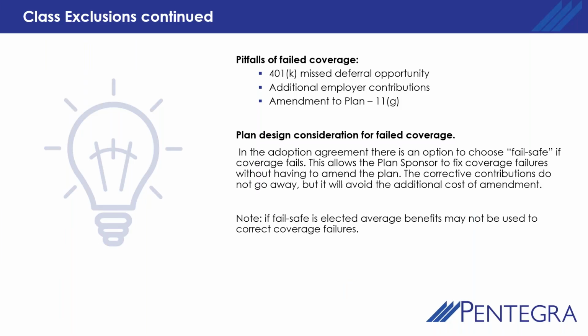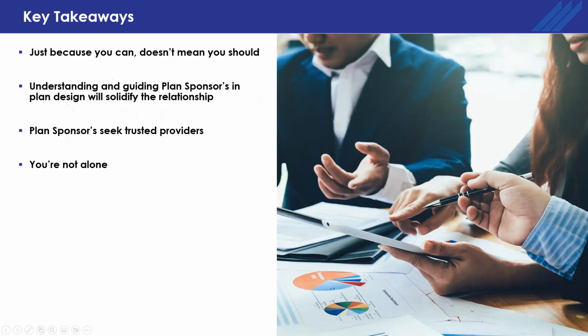It doesn't take away the need for the employer to make up any missed contributions, but it does avoid the additional cost for the client to do the amendment. And I wanted to note that if they do elect the fail-safe, coverage has to be passed by the ratio test. The average benefits test to pass coverage would no longer be applicable.